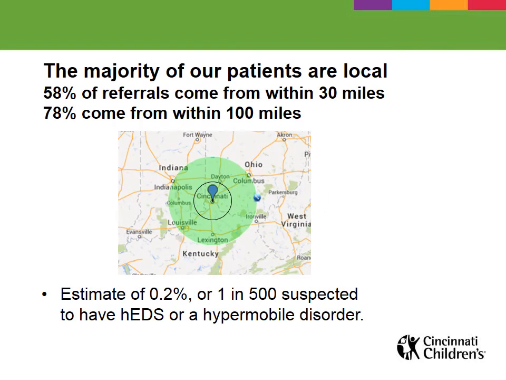The majority of our patients were local. 58% of those referrals came from within 30 miles, and 78% came from within 100 miles. When we look at some of the counties in which there were more common sources of referral, what we found is that our patient referrals were about 2.2% of that total county population, which gives us a number of about 1 in 500 patients referred to us were suspected as having hypermobile EDS or a hypermobile disorder.